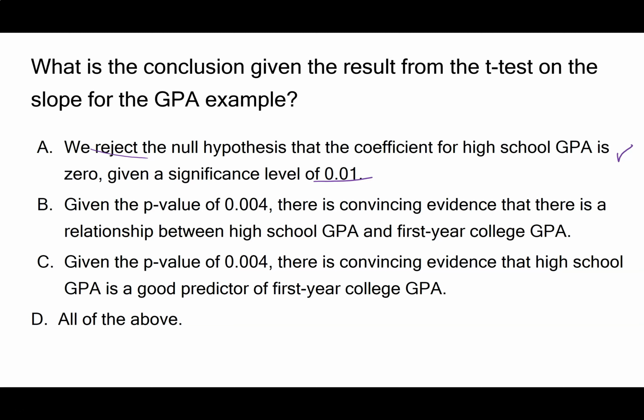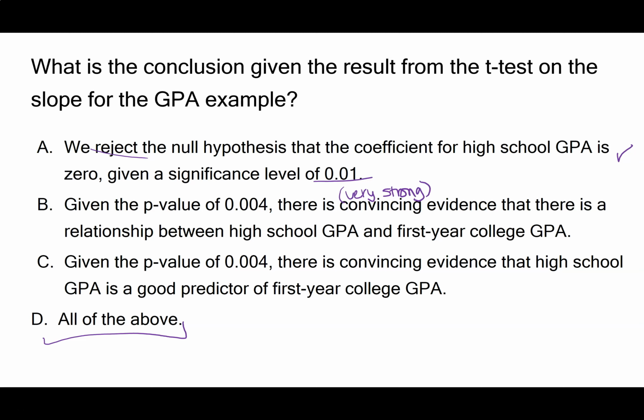So moving on to the next one, because as you can see, one of these is all of the above, so it is possible all of them are true. So given the p-value of 0.004, so it looks like they rounded the 0.0039 up, there is convincing. It's also okay to say very strong. We're totally okay with either.